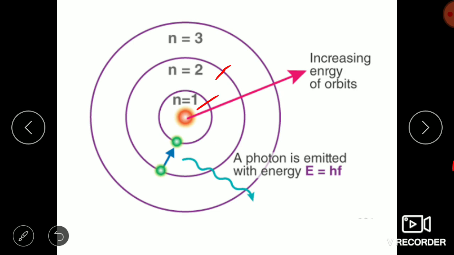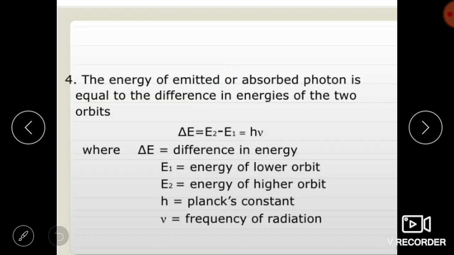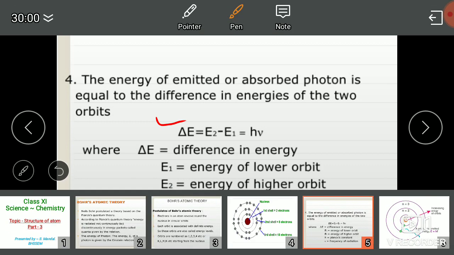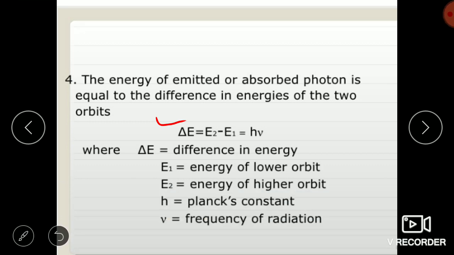So the difference in energy between these two orbits is given by the relation delta E is equal to E2 minus E1. Why not E1 minus E2? Because E2 is higher in energy than E1. Okay, so delta E, the change in energy, is equal to E2 minus E1, and it is equal to h nu. Okay, h is the Planck's constant, nu is the frequency of radiation, E1 is the energy of the lower orbit, E2 is the energy of the higher orbit.